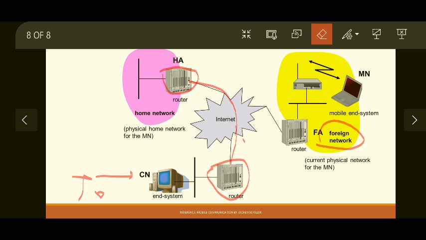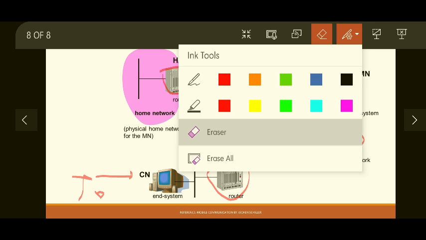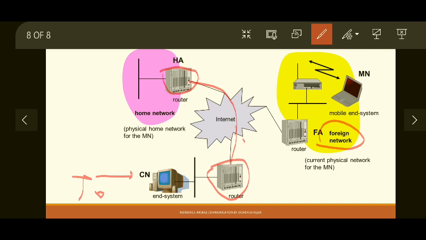To avoid confusion, I am erasing the other part. So whenever packets arrive for the particular node in the foreign network, the home agent will create a tunnel and forward the packets to the foreign agent, which is a router of the new network, which is the foreign network. So this tunnel is formed between the home agent and the foreign agent.